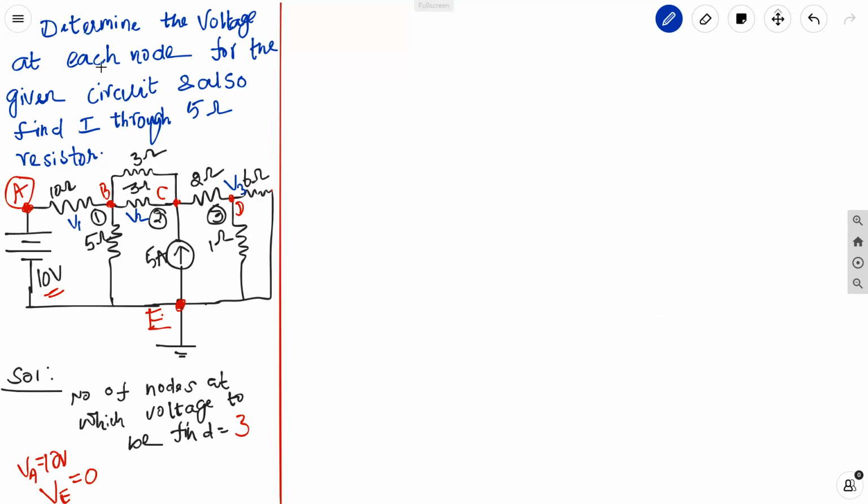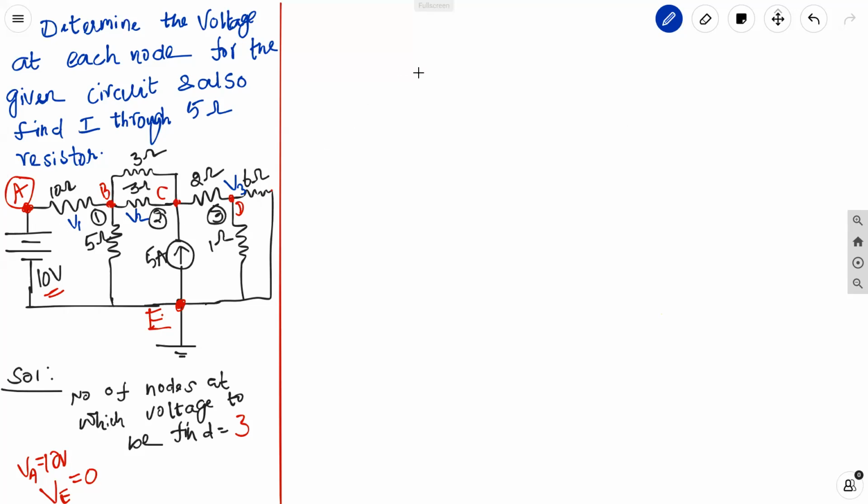The question is to find the voltage at all the nodes, right? Based on the circuit, we identified the voltage at node A as 10 volt and at node E as 0 volt. The only thing left is to find the voltage at B, C, D, that is node 1, node 2, and node 3.